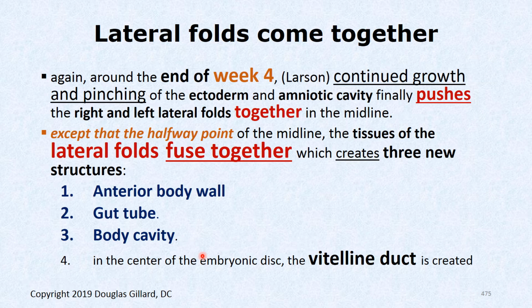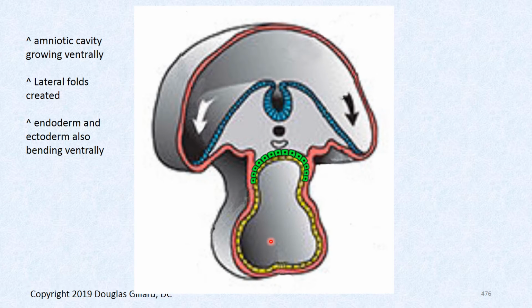They come very close, but they don't completely pinch off the yolk sac. And that makes a little channel between the secondary yolk sac and the gut tube, specifically the midportion of the gut tube, or the midgut. And we'll look at that. But that little duct is called the vitelline duct. Vitelline, that's got a whole bunch of AKAs.